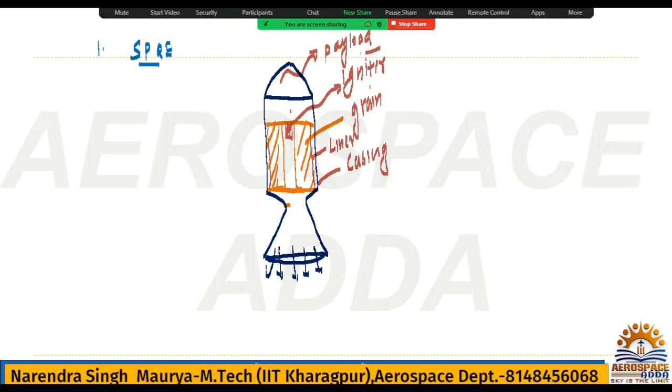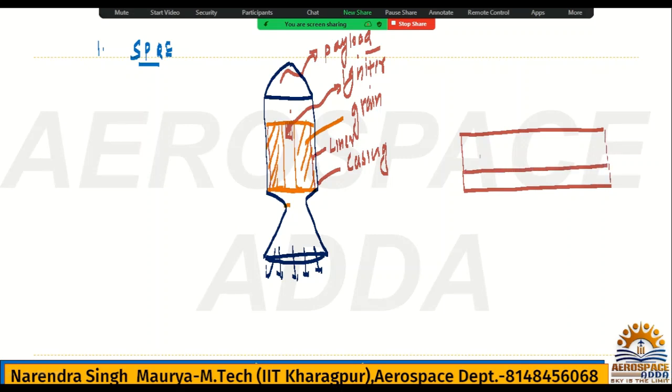Payload means it can be anything. If it is a missile, then it is a warhead. Otherwise, for a space mission, we have a satellite and all. So it will be payload. For the SPRE, this is the solid propellant, and especially this part is called grain. You might have seen it in your industrial unit or in your college lab.